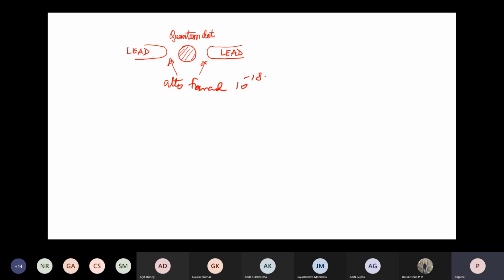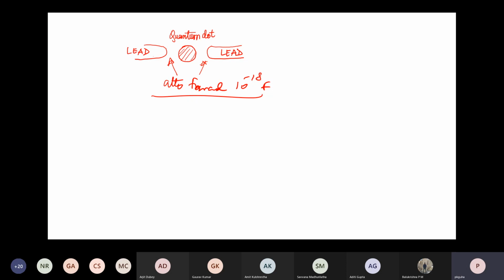Attofarad means 10 to the power minus 18 farad, or less.